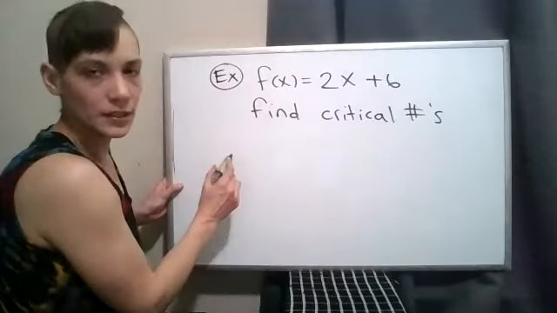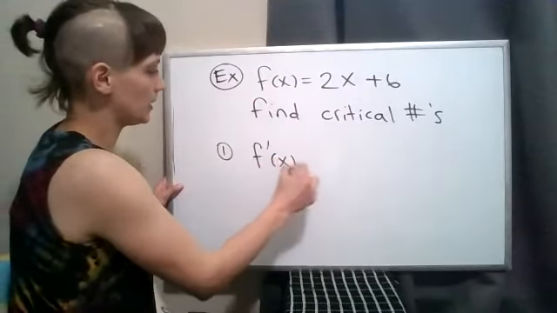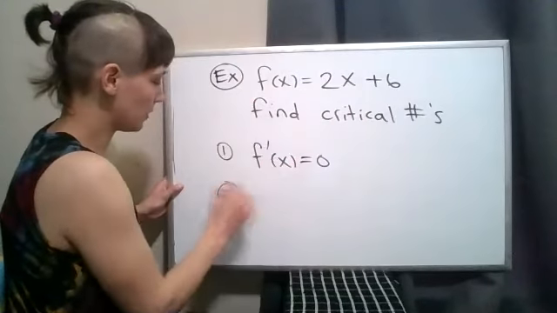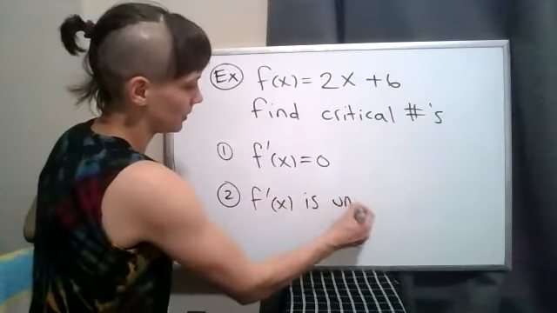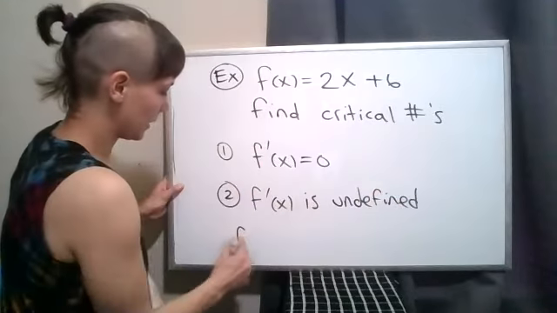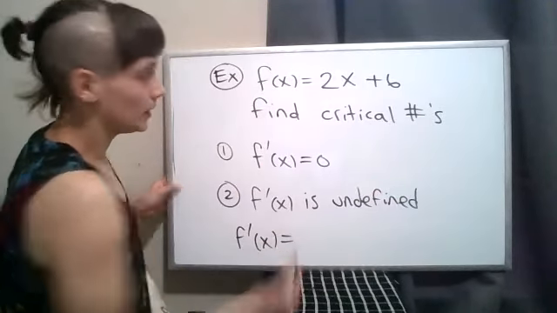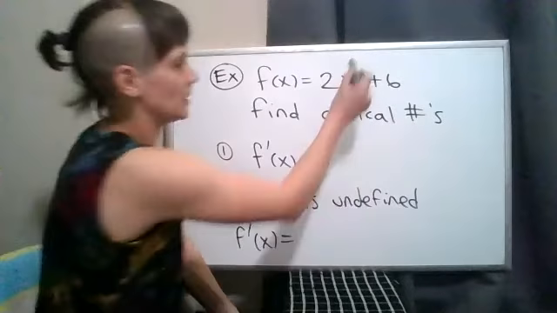Okay, so there's two things to look for. When f prime of x is 0 and when f prime of x is undefined. F prime of x is 2. Wait, let's make this squared.